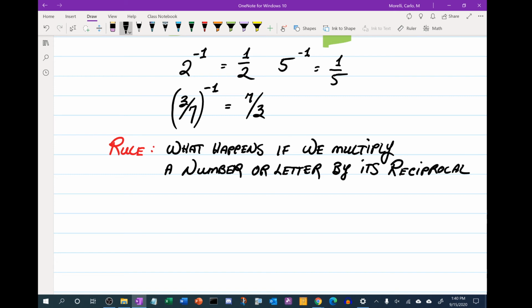Remember, when I say reciprocal, I mean multiplicative inverse. When I say multiplicative inverse, I mean reciprocal. So what happens if we multiply a number or letter by its reciprocal?